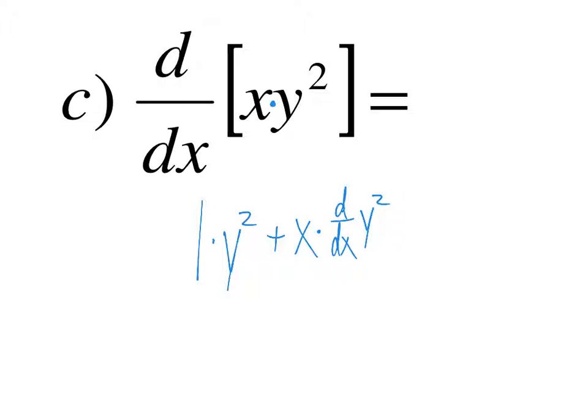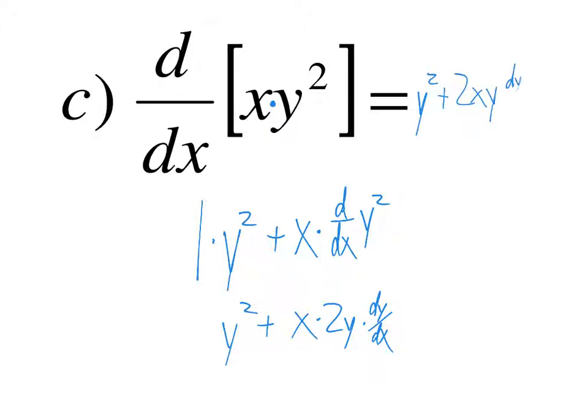What's the derivative of y squared if I were doing it in terms of y? 2y. But since we want it with respect to x, you tack on a dy dx on the end. It's not as bad once you get the hang of it. So we have y squared plus 2xy dy dx.